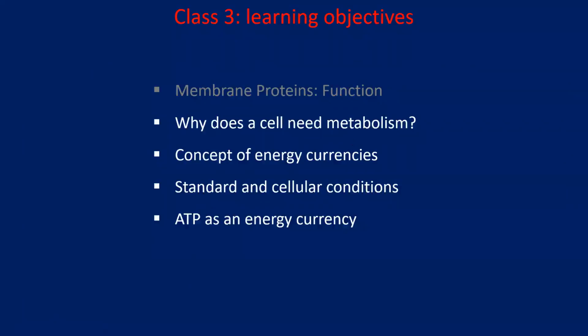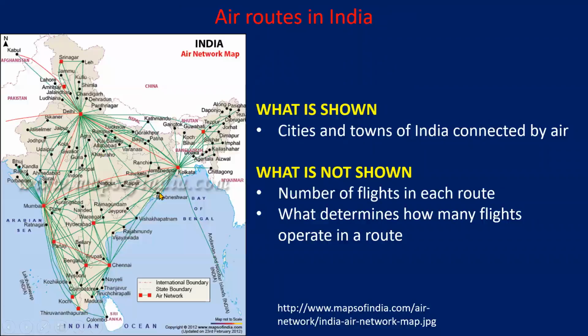First, we have to understand why a cell needs metabolism. What is this metabolism and why is it needed inside the cell? To give you an analogy, I'm going to start with this map. In this map, what you see is different routes between cities inside India.